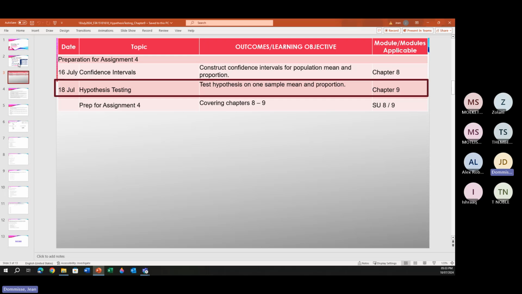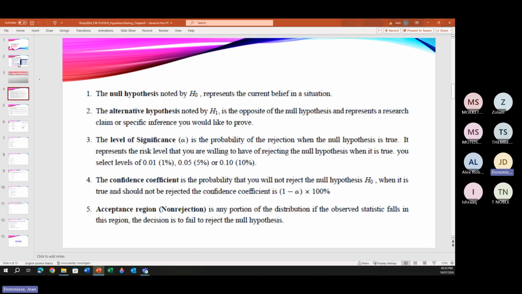The important thing with hypothesis testing, and again I'll share the slides, but this is also in your study guide, is to follow a few steps.